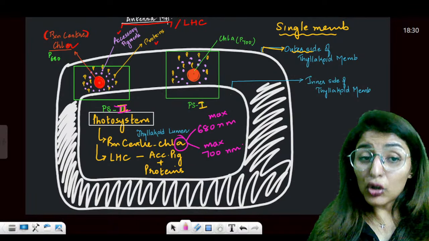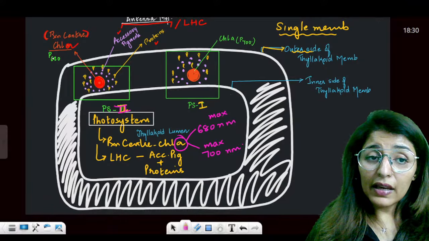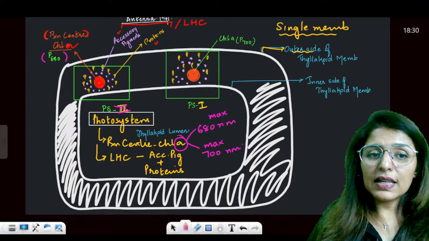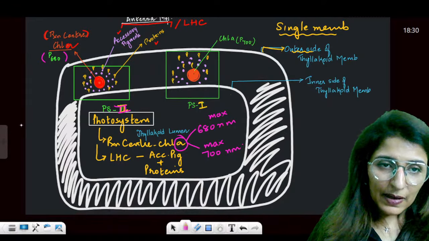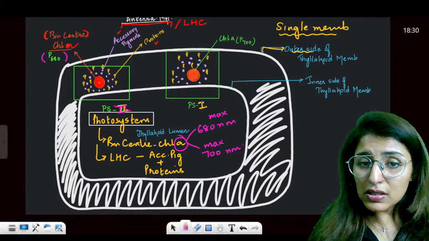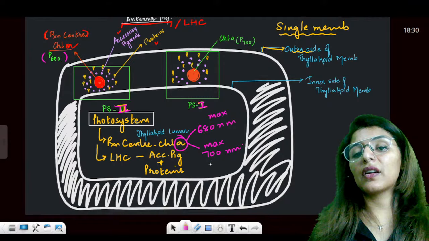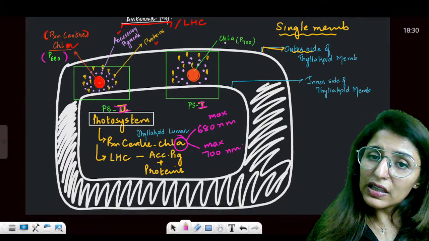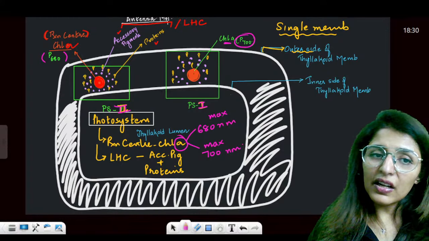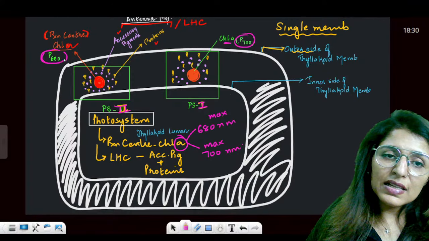Photosystem 2 has chlorophyll A with a maximum 680 nanometer absorbing capacity, while photosystem 1 has chlorophyll A with a maximum of 700 nanometer. So we call this chlorophyll A P700 and this one P680.